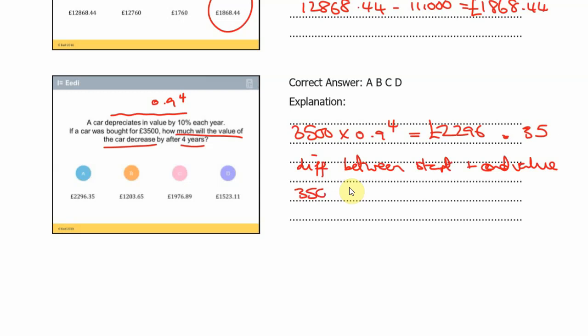So I'm going to do 3,500 take away 2,296 and 35p. And that is going to give me £1,203 and 65 pence. So B is what I'm going to be after.